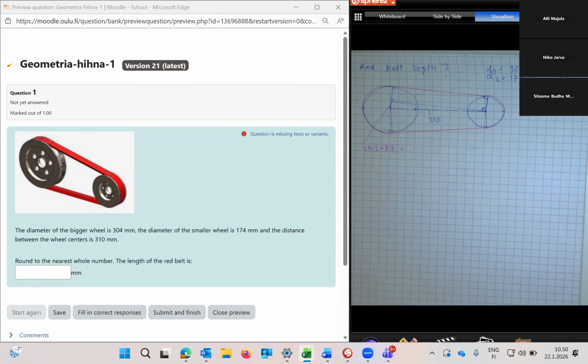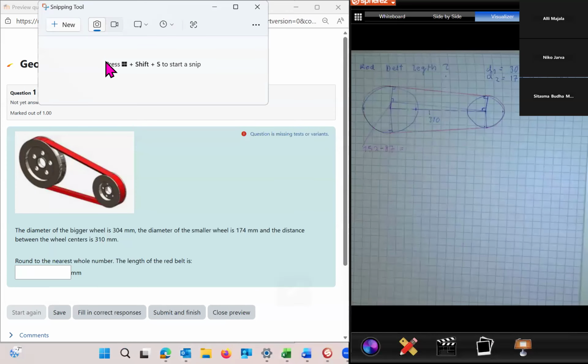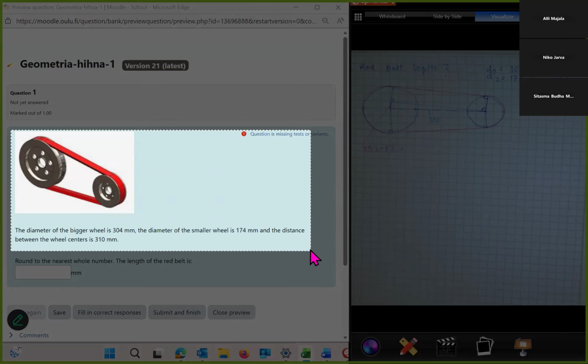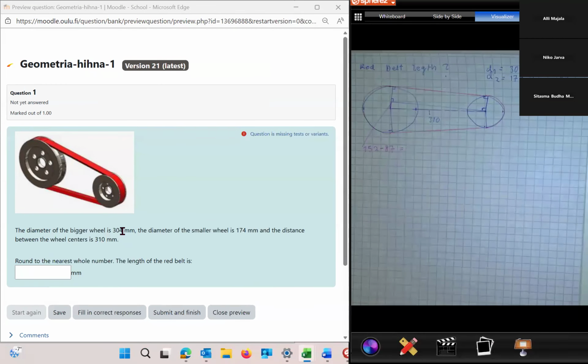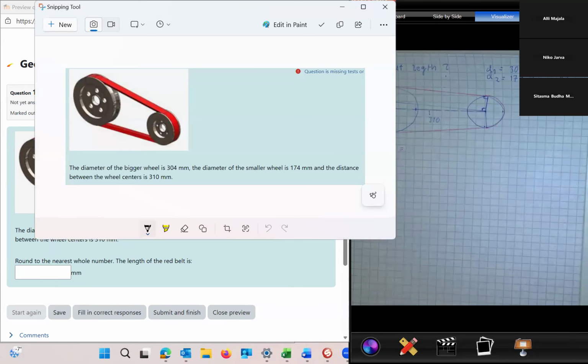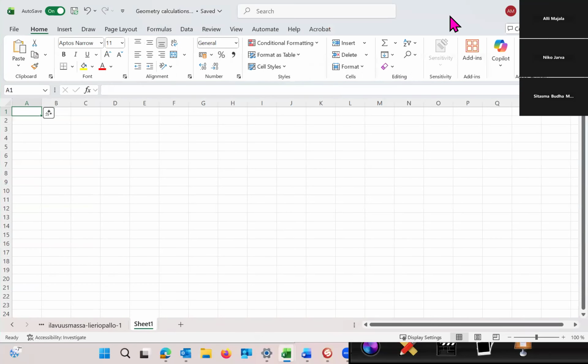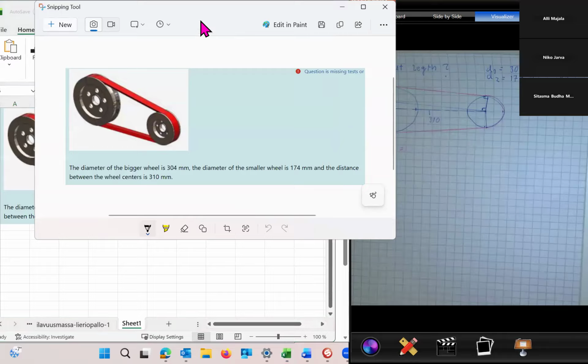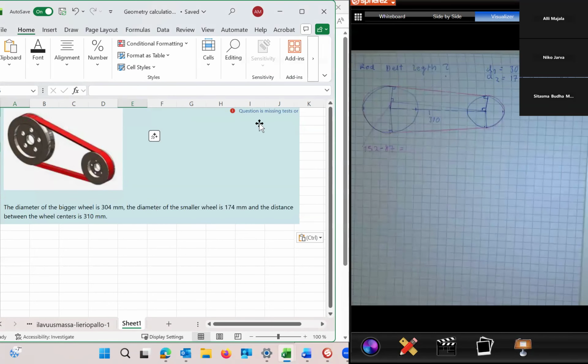Okay, I will first cut it. Okay, like that.